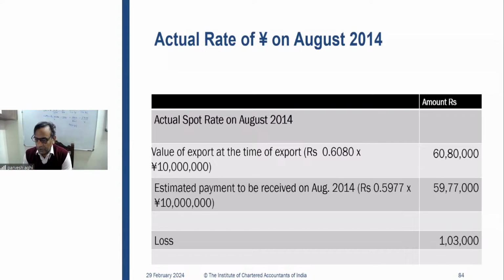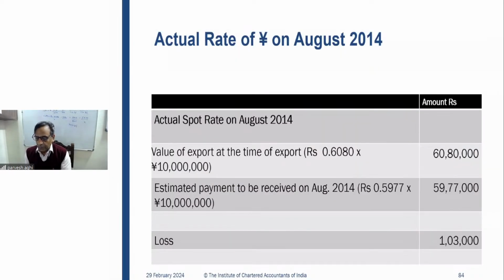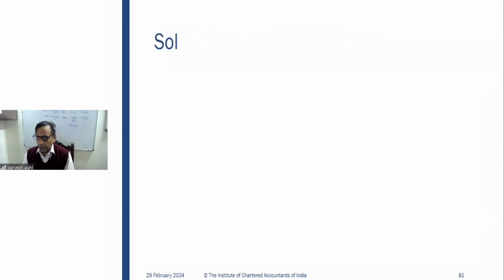The payment to be received, estimated only because the spot rates are given now, would be 0.5977 multiplied by 10 lakhs. So he would have got 59,77,000. So he would have lost 1,03,000 if he had not taken a forward cover. If he had taken a forward cover, he would have lost only 54,000. So the decision would be to go for forward cover.